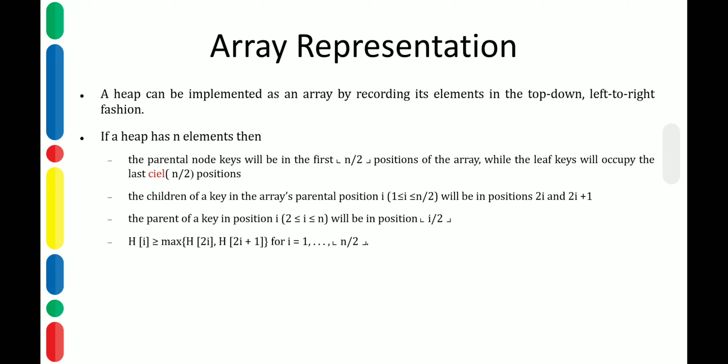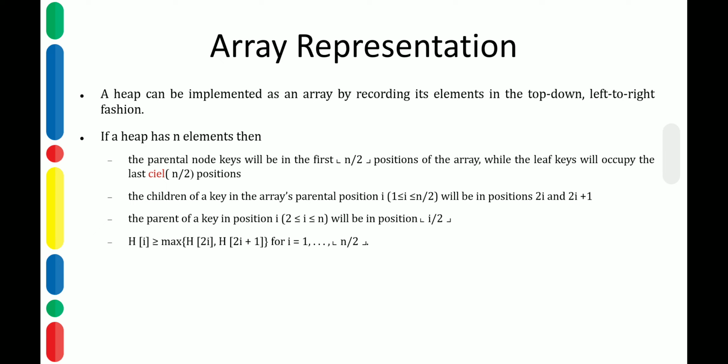Vice versa, suppose you consider a node at position i such that i is in between 2 and n, then its parent will be at the position i by 2 rounded down, the floor function. So these are two important points that you should remember.